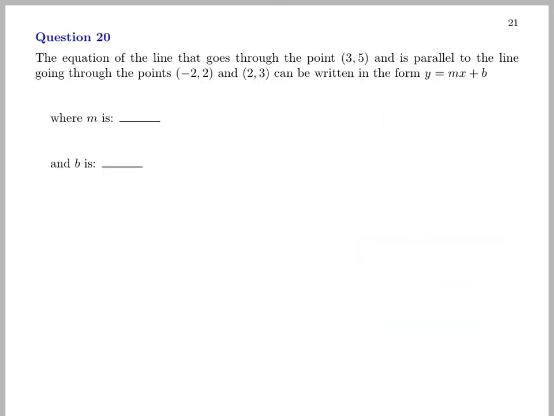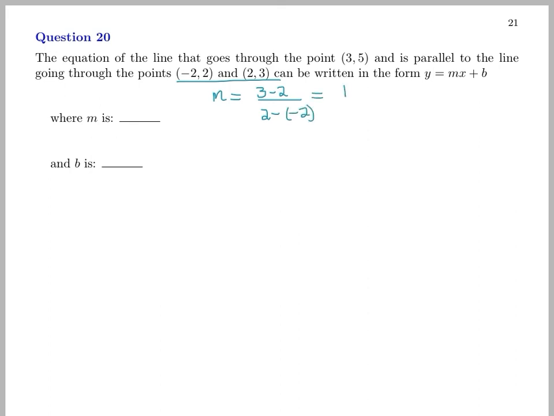For this last equation, we again have a point, 3, 5, but now we want our line to be parallel to the line through these 2 points. So the slope here for the line through minus 2, 2 and 2, 3 is 3 minus 2 over 2 minus minus 2.